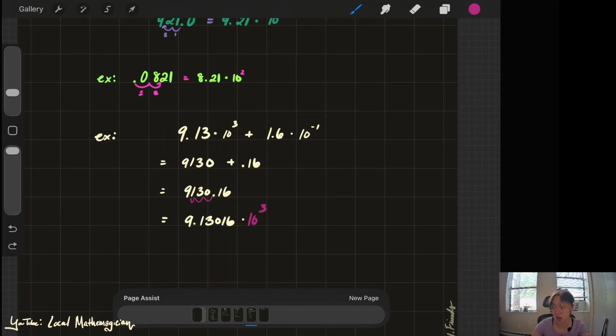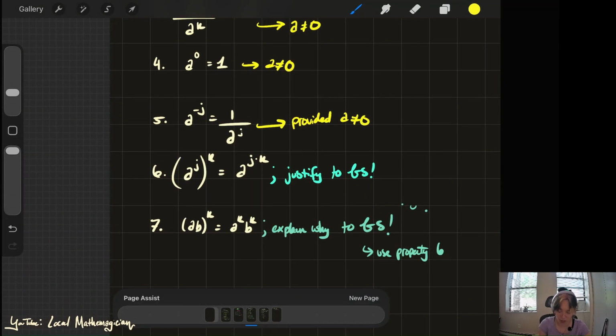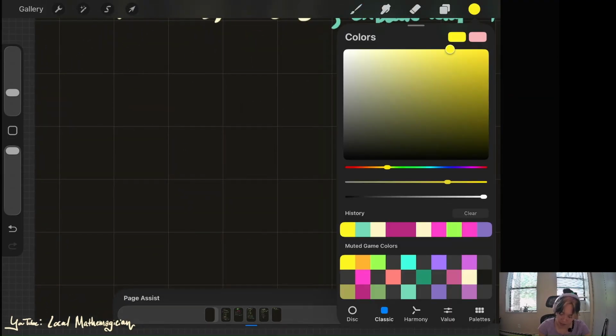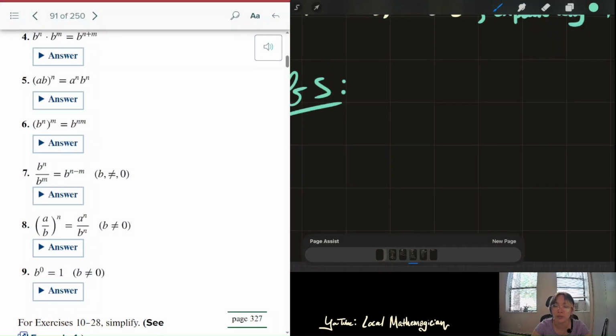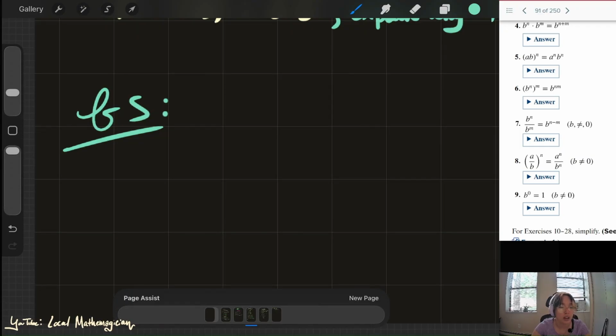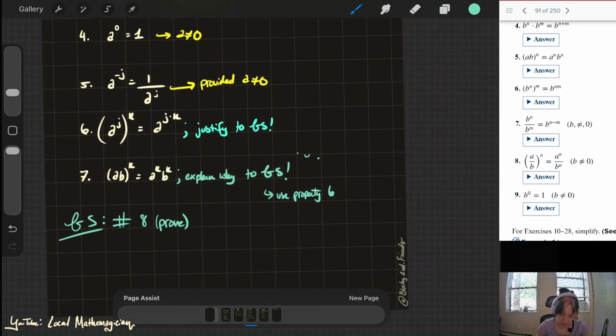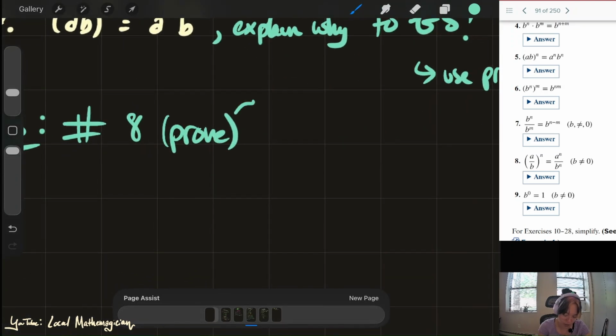Let's do some problems. Oh, so here are the Gradescope workbook problems. Instead of giving an example for number 8, we're on page 91, by the way, I want you to prove it. And you can use property 6 as well, okay?